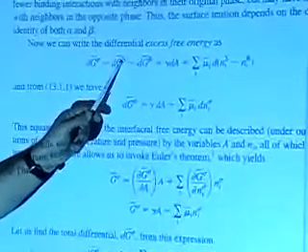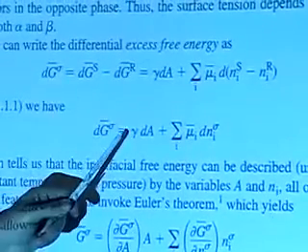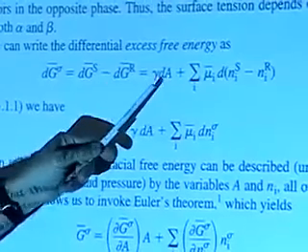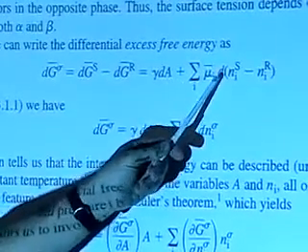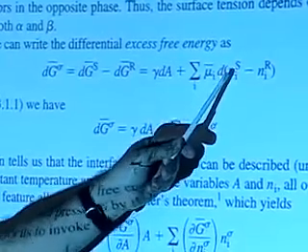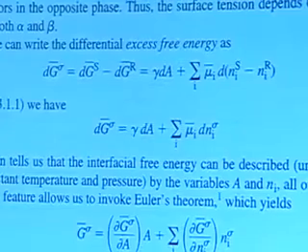The differential difference between the system and the reference, our XS, is that first term plus the electrochemical potentials of each species times the difference between the surface excess in the real system minus the reference of any species.